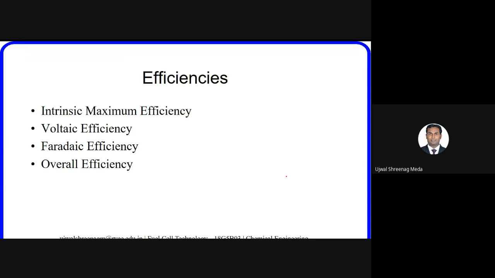So these are certain terms that are associated with fuel cells. However, practically, you may not get to see all these types of efficiencies, as they are not frequently used everywhere. But this is just for your information. So, different possible types of efficiencies.